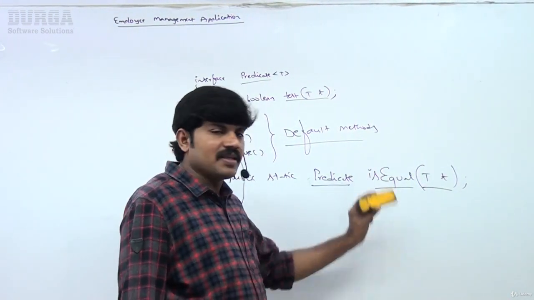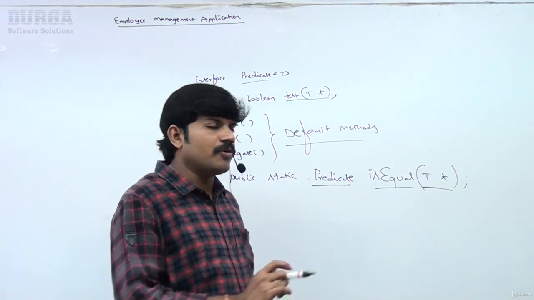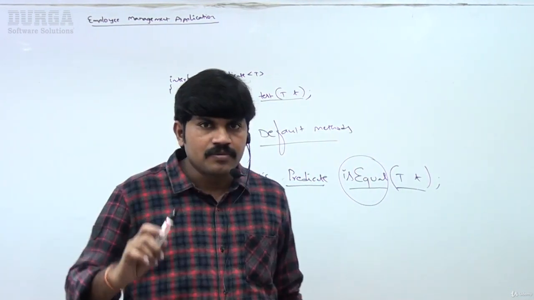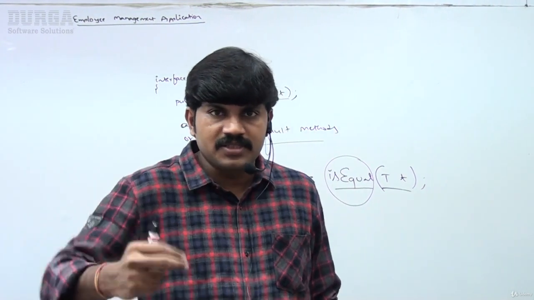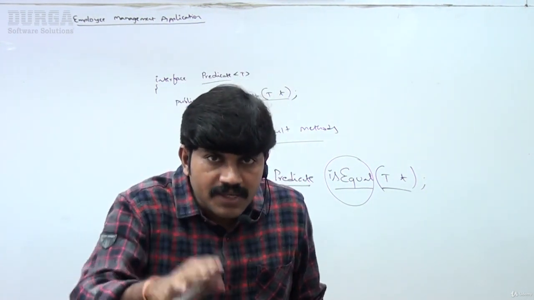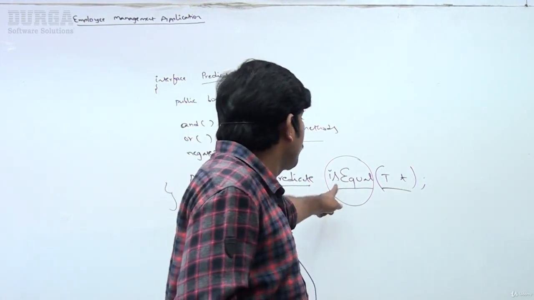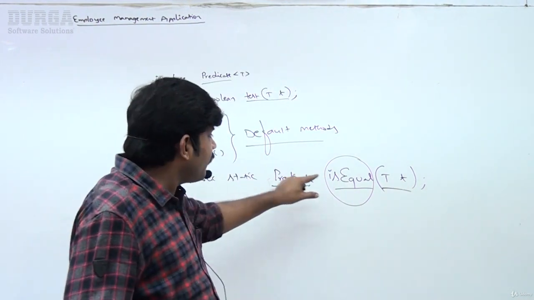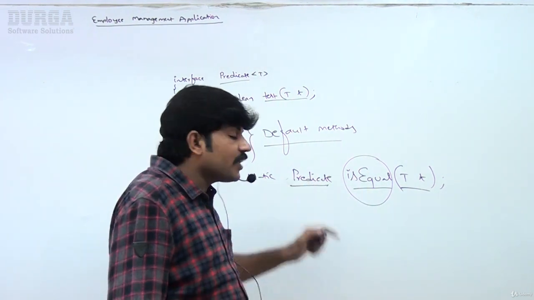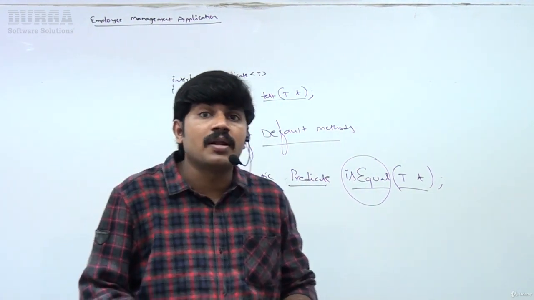Sir, very simple. Forget about terminology. Observe the word isEqual: this element is equal or not. If you want to check equality in the future, happily you can use this predicate. Whatever predicate we get because of the isEqual method can be used for checking equality.